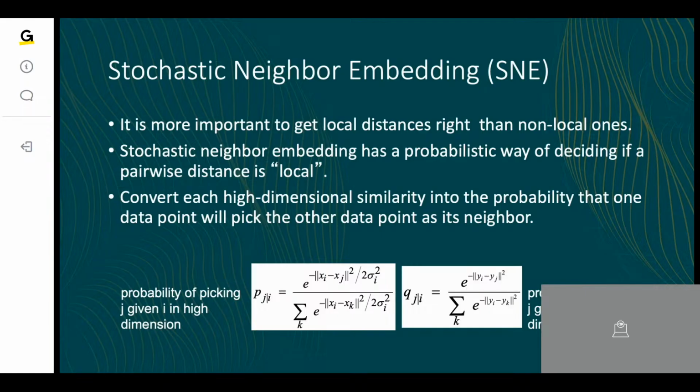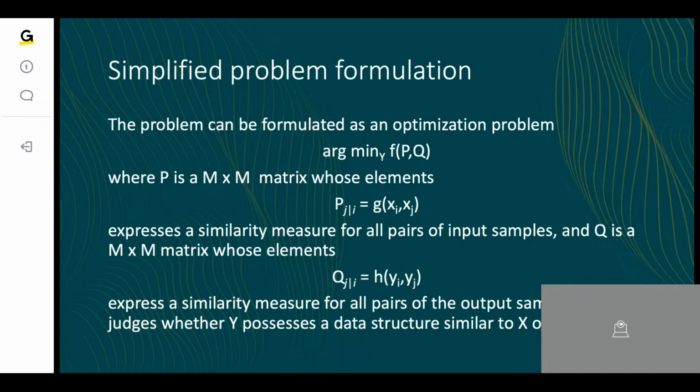Now, essentially, what you want to do is make sure that you are picking your x's and y's in such a manner that this property is maintained: that if i and j had small local distances in the higher dimensional space, they are overall maintained even in the lower dimensional space.